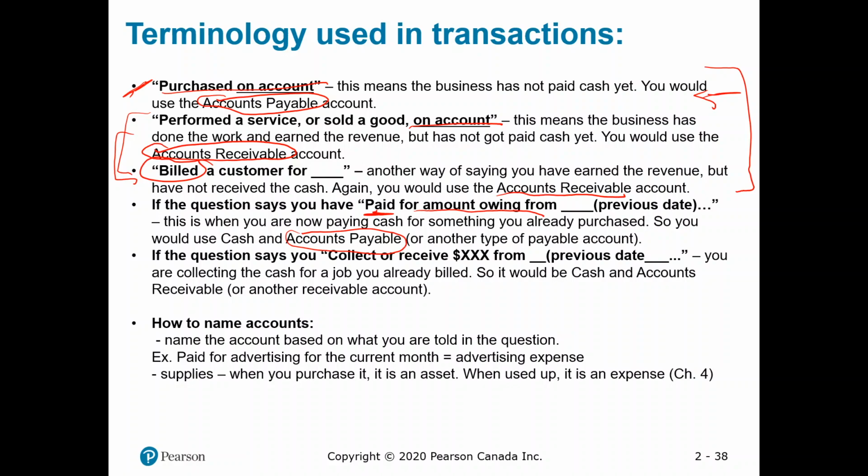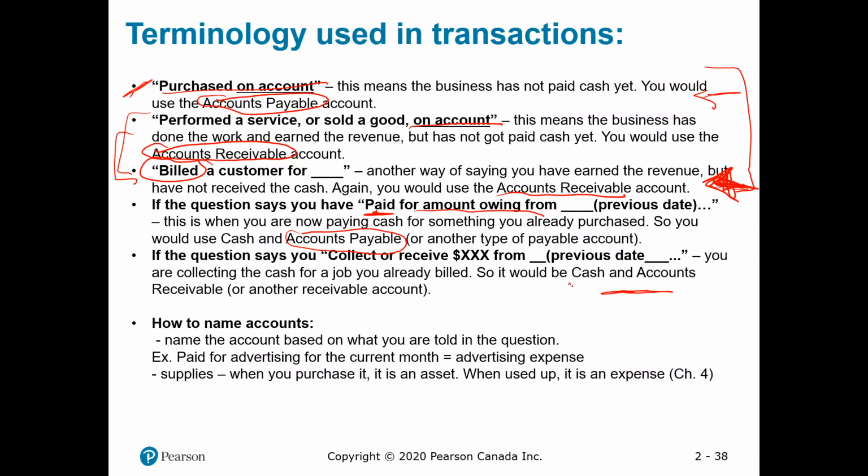Now, if the question says you collect or you receive a certain amount of dollars from a bill that you did on a previous date, that's again you collecting the money where you already did the billing. So earlier, in this one, when we billed them, we would have recorded the revenue and set up our AR. Now we're just collecting cash. So we don't record revenue again.